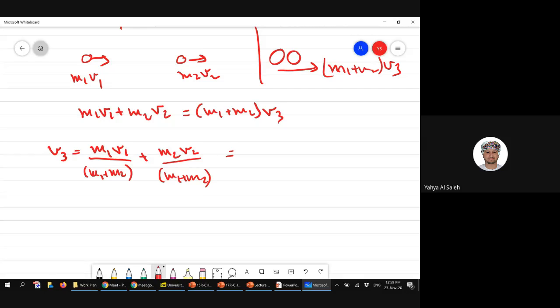Let's put in some numbers. We agreed that the big ball coming in was 1000 and the small one was 1 kilo. So 1000 times 10 meters per second over 1000 plus 1, plus 1 kilo times, I will also have it move at 10 meters per second initially, divided by 1000 plus 1. What is my V3 going to be?